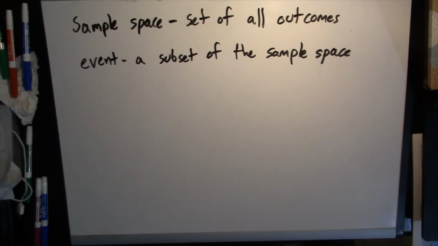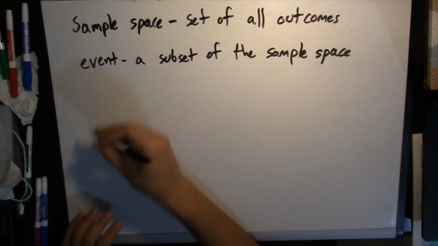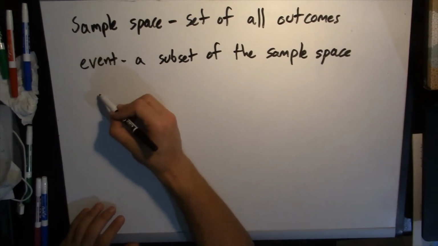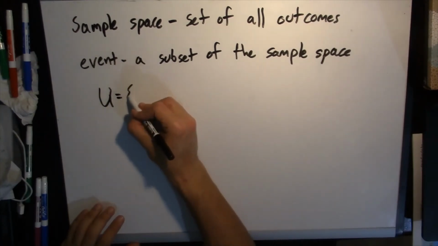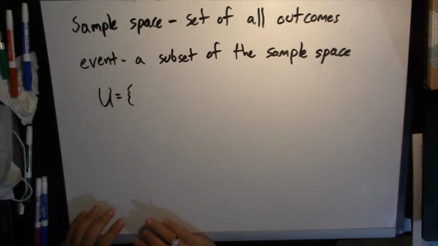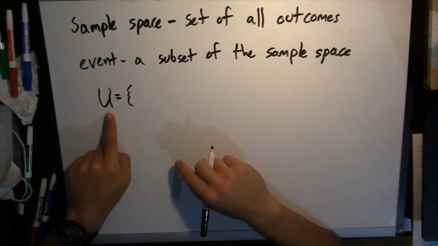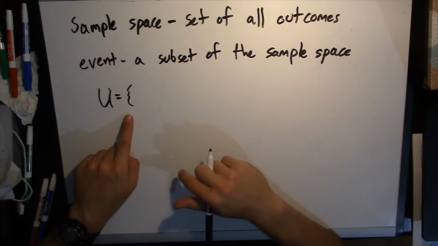Okay, so let's say we have a sample space. I will call it U. This is the letter U, not union. I'm going to call U my sample space, and it's going to be different sports.